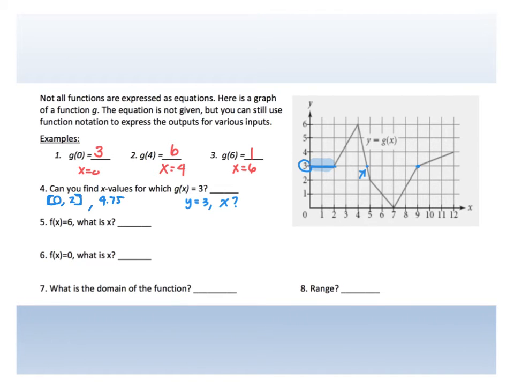Something like that. That's fine. If it's a test, I would take it. And then the last point, which is on 9, which is this one. So those are my possible x values: 4.5, 4.75, 9, and anything including these numbers between 0 and 2. Okay, let me erase my graph for the next one.